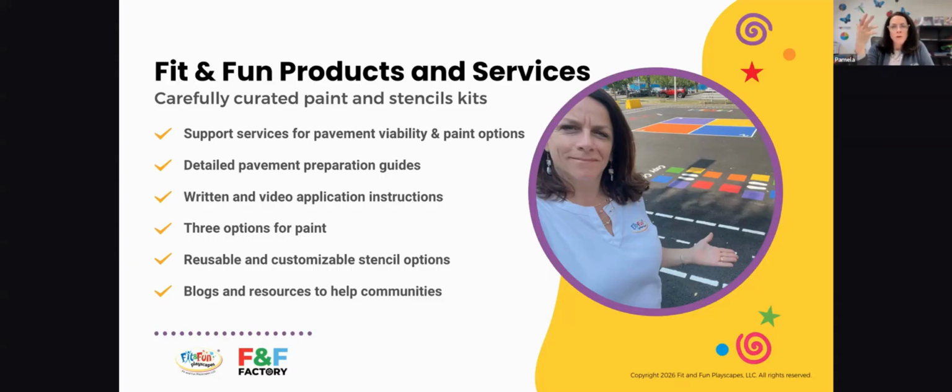We have three options for paint: spray paint, Sherwin-Williams paint, as well as poured in place paint. I guess maybe four: chalk spray. Like I said, it's not on the website. And then we can also customize any stencil in languages and paint kits with colors. And we've got about 150 blogs on our website to help communities fully understand the process.